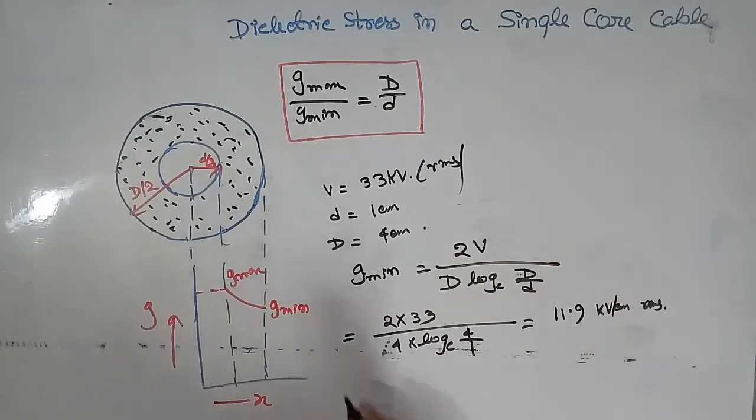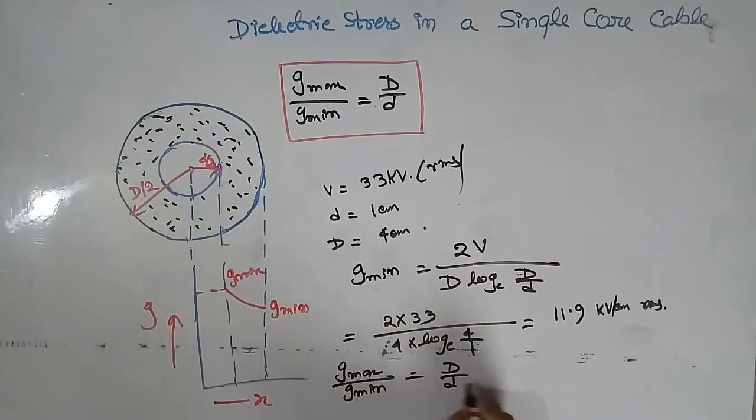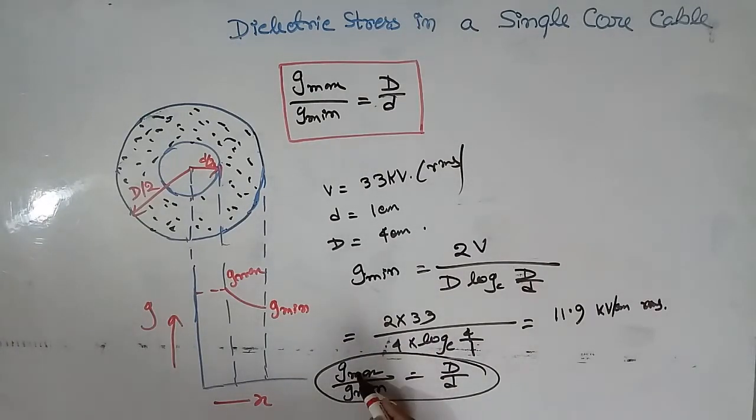Or alternatively, as we already determined the value of G maximum, from the expression G max by G min equals D by d we also get the value of G minimum. G maximum is 47.61, capital D is 4 and small d is 1. This is the alternative way.